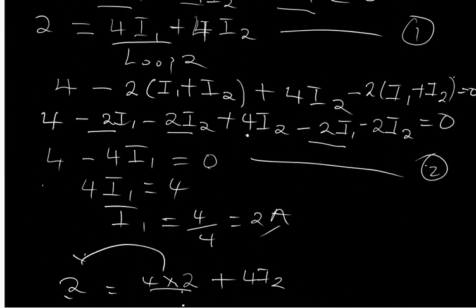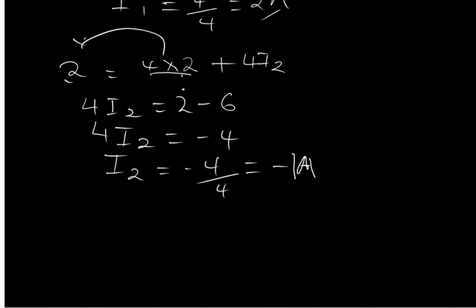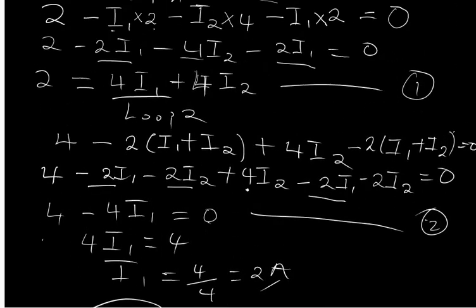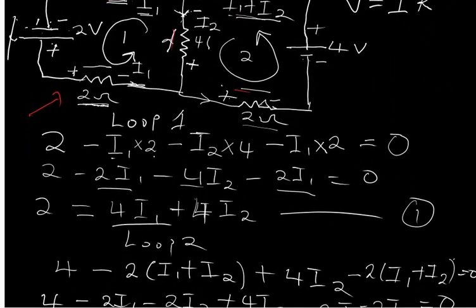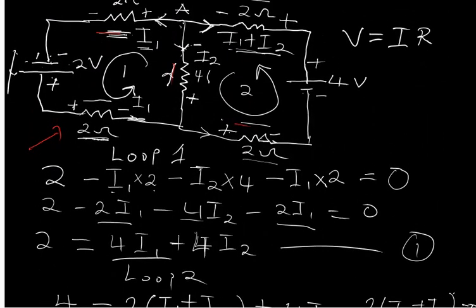So I1 plus I2 is equal to 2 minus 1, which is 1 ampere.